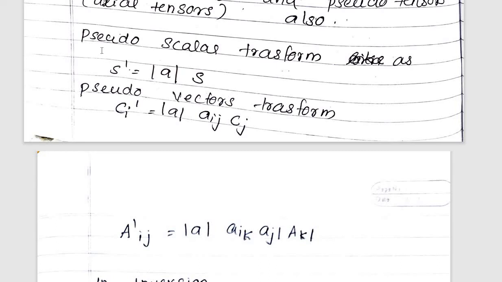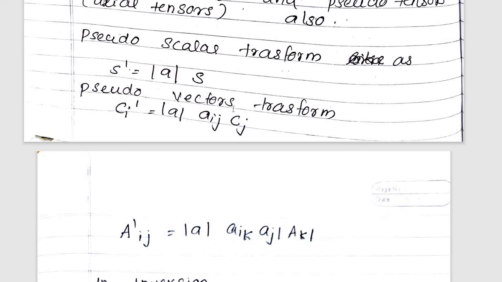Pseudo scalars are scalars which transform like this in inversion, reflection, or in general any transformation. Normally s dash is equal to s; here s dash is equal to determinant of A times s.